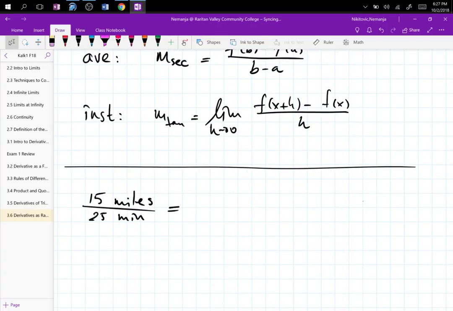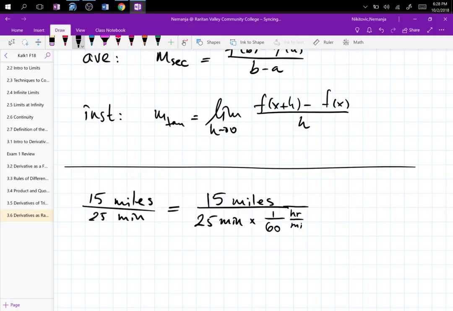So now I'm going to say this is 15 miles over 25 minutes times 1/60 hour per minute. Because now when I cancel minute in the numerator and minute in the denominator, we're only left with hours.